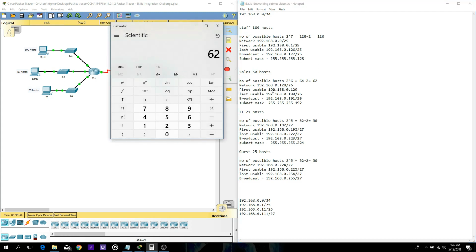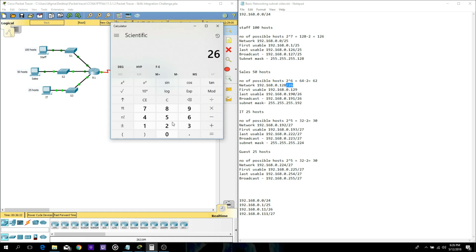Our first usable host is 1 up from our network, so 128 plus 1 is 129. If we add 62 to our network, 128 plus 62, that gives us our last usable host of 190. Our broadcast will be 1 up from our last usable host, so that gives us 191. And again, for our slash notation, we take the maximum slash notation minus the borrowed bits, which gives us 26.